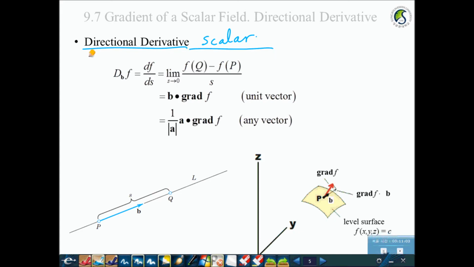From the name itself, it's kind of saying something about direction. Okay, so it's a directional derivative, and the definition is this. Okay, big D, and b is a vector that shows the direction that we want.